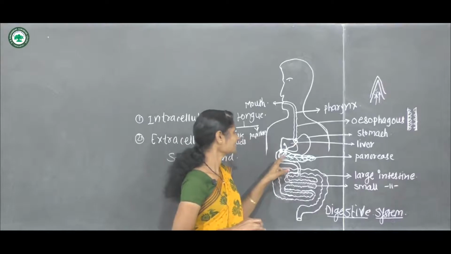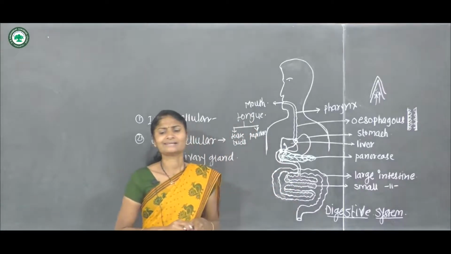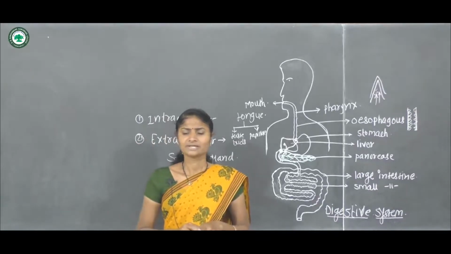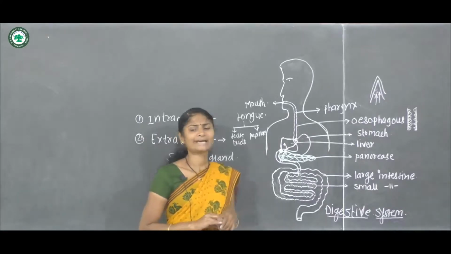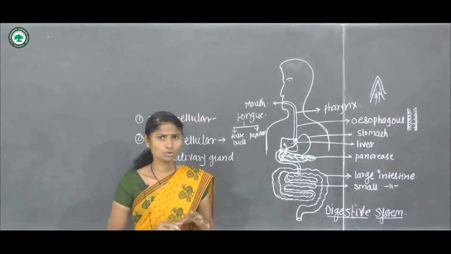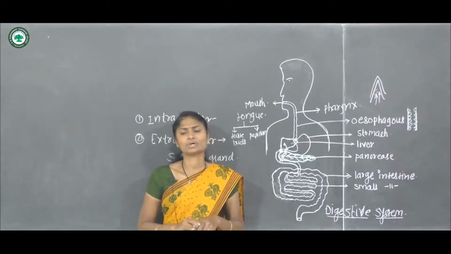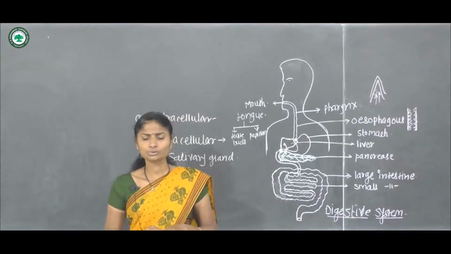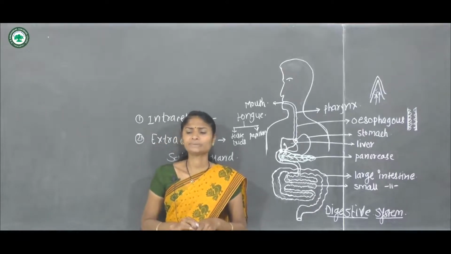Next part is the small intestine. The small intestine lies between the stomach and the large intestine. It includes 3 parts: duodenum, jejunum, and ileum. It is called small because its diameter is smaller than that of the large intestine. It is a longer, thin tube, about 1 inch in diameter and about 10 feet long.